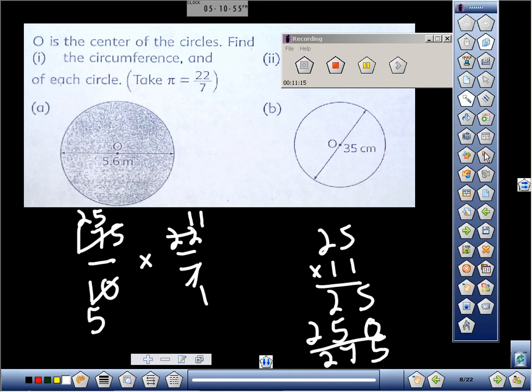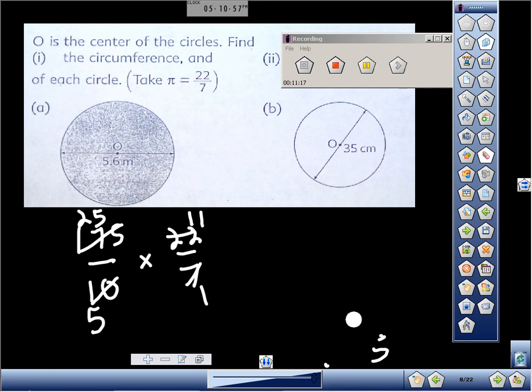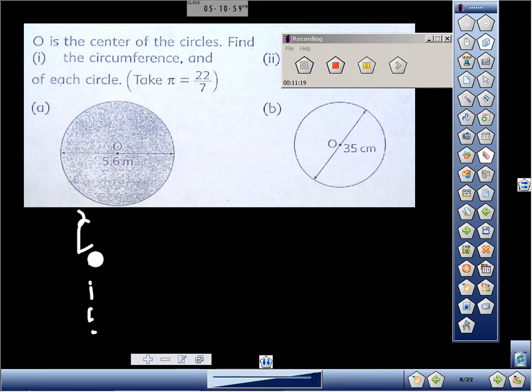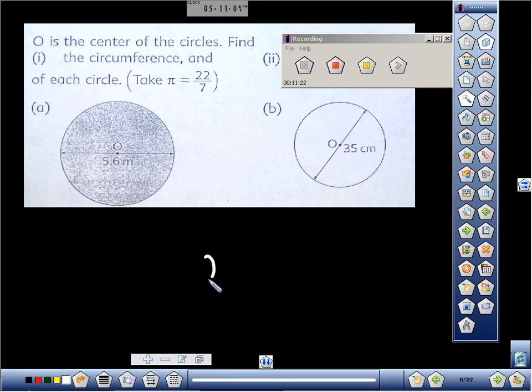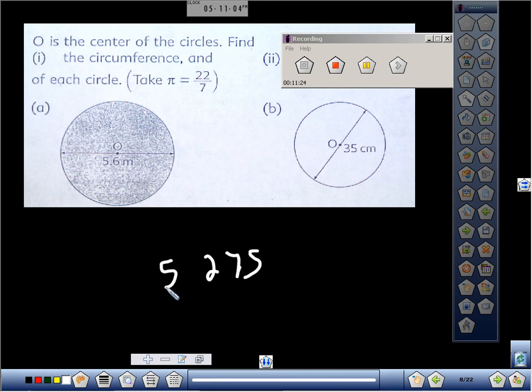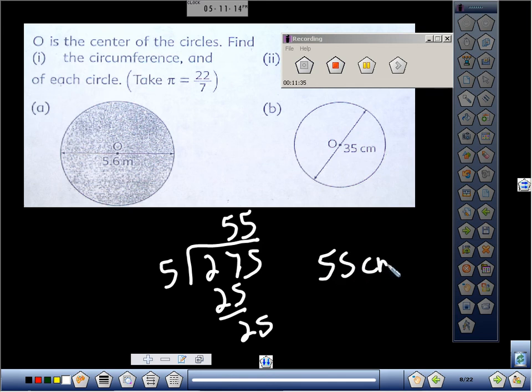So we got 275 divided by 5. 5 times 5 is 25, 55. So my answer is 55 centimeters squared. Okay?